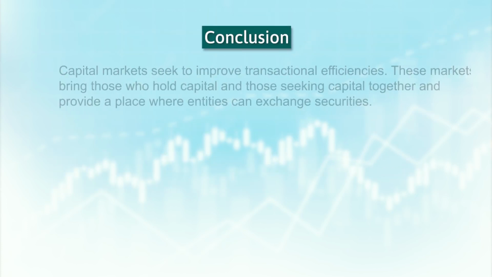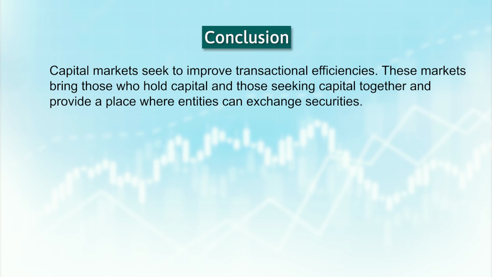We can conclude by saying that the most important function of capital markets is really to improve the transactional efficiencies. And this they can do by bringing those who hold capital and those who seek capital together, and also to provide a place where they can exchange the securities.